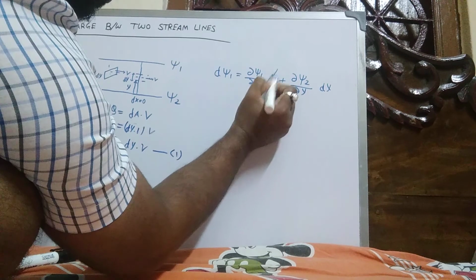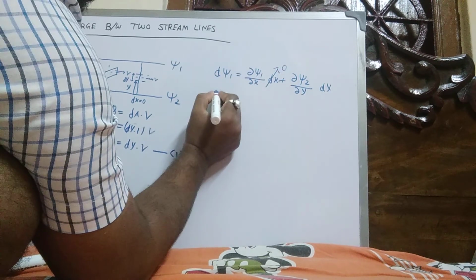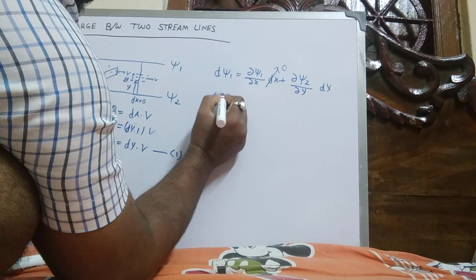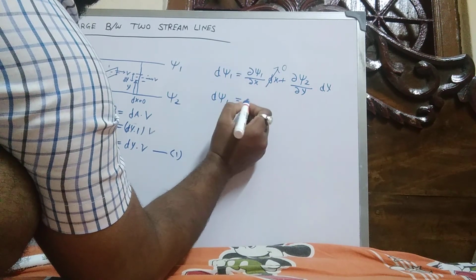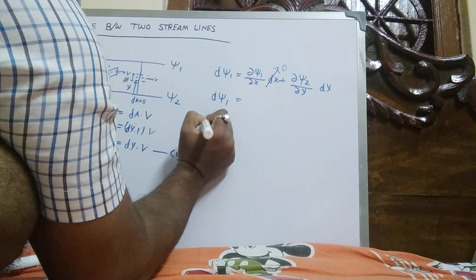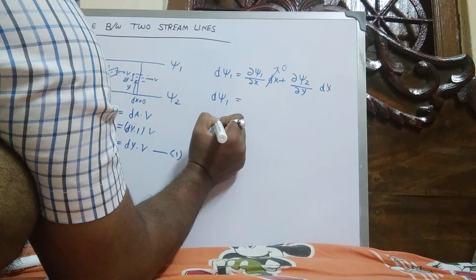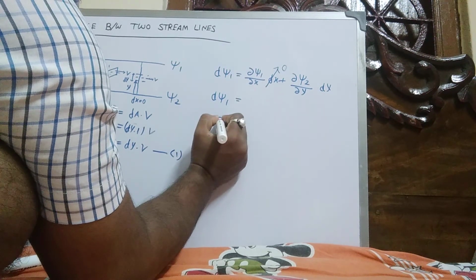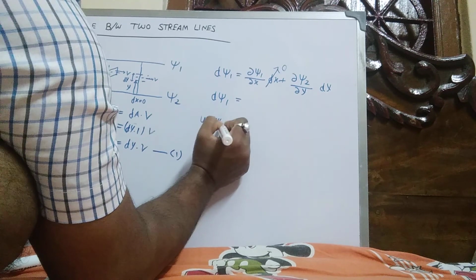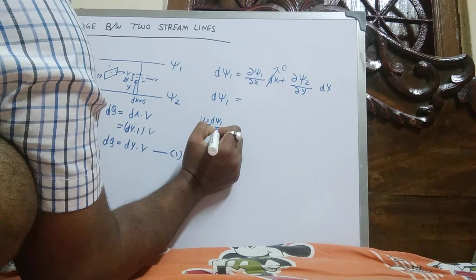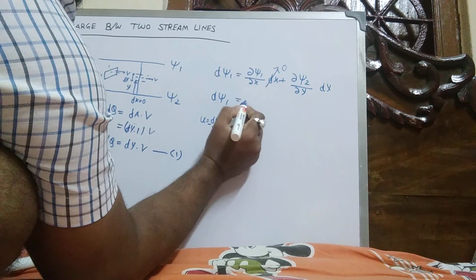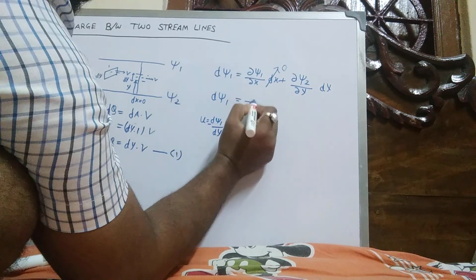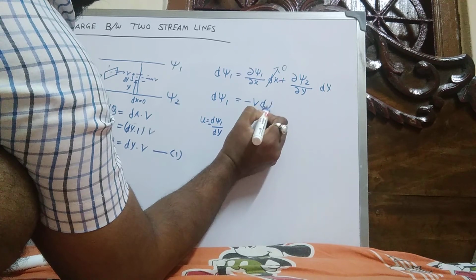This value is 0, so u equals minus d psi by dy, so this value is v into dy.